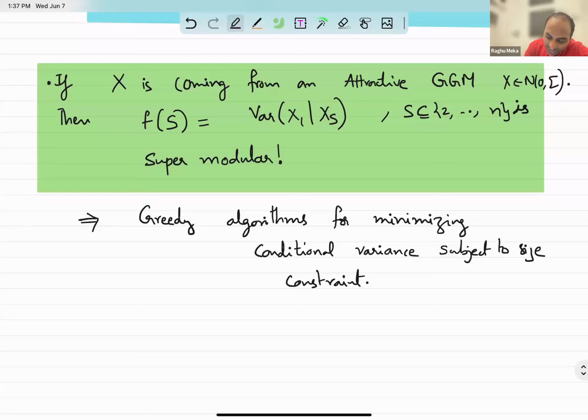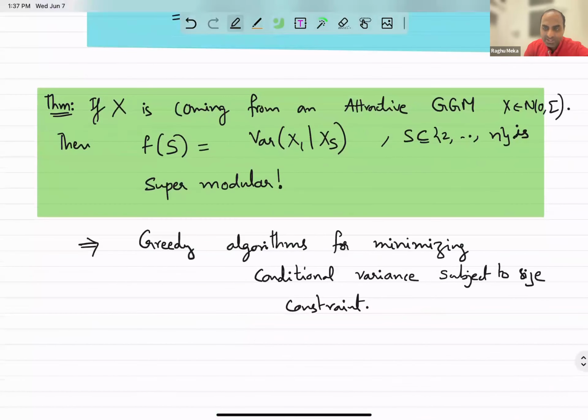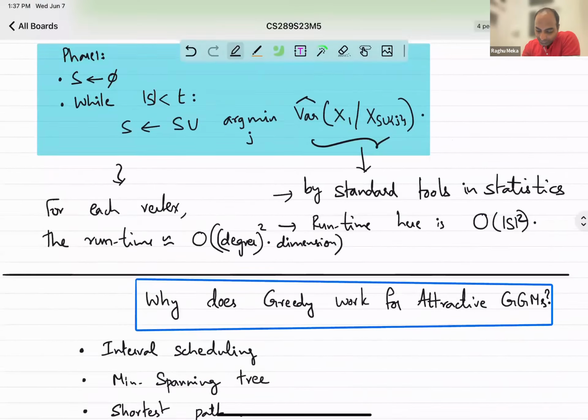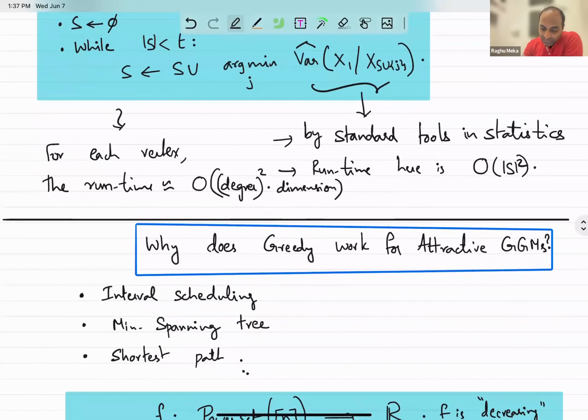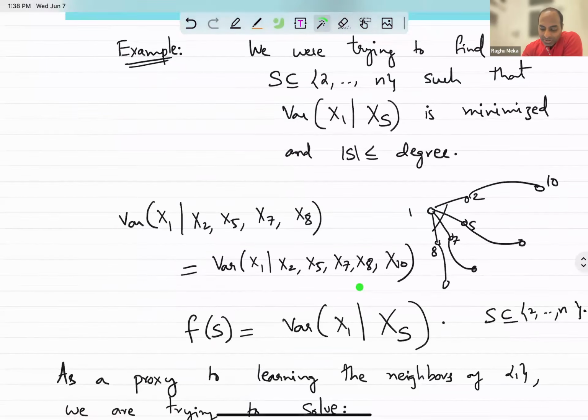Okay, so this is a theorem that we are not going to show, but you combine this with this other result, which also we didn't show, a very classical result in optimization. The next one is less classical. You combine these two, you get the result that I mentioned, that the greedy algorithm works for attractive GGMs. And you still have to track all of the parameters and so on.